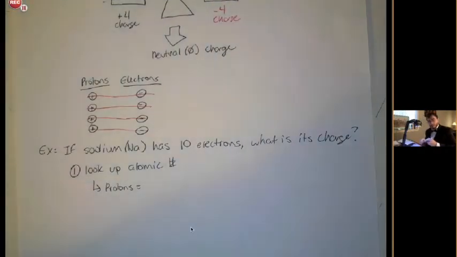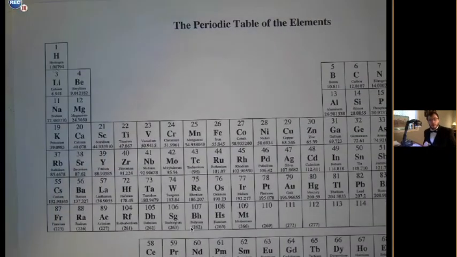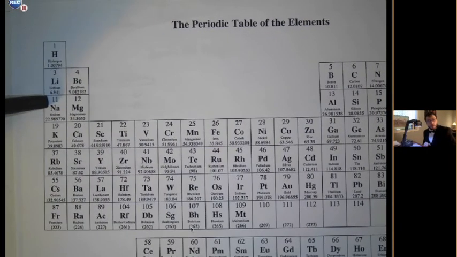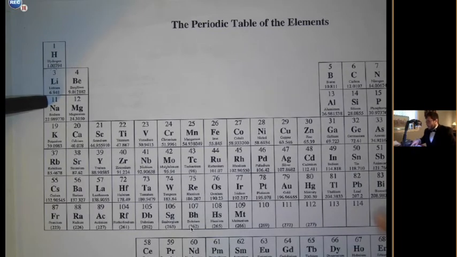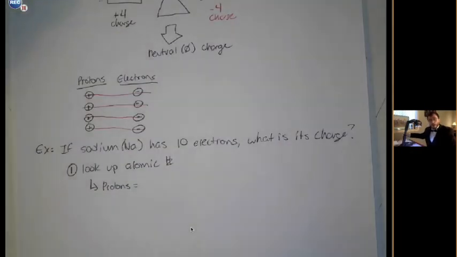Let me take out my periodic table here. Here it is. You'll see that sodium has an atomic number of 11. So that means that it has 11 protons. Now, what we learned last week is that what it means to have the identity of being a sodium atom is that it has 11 protons.